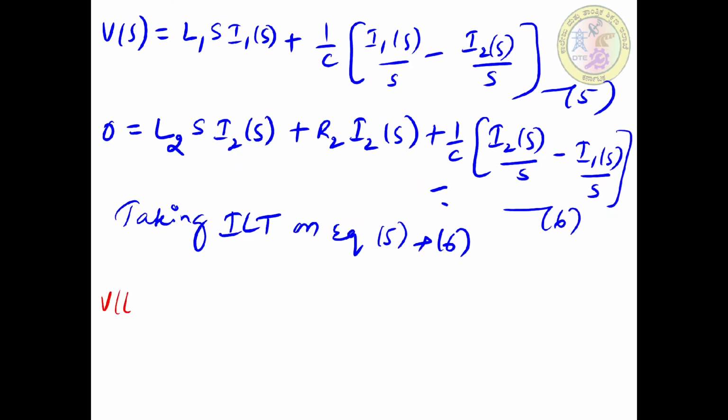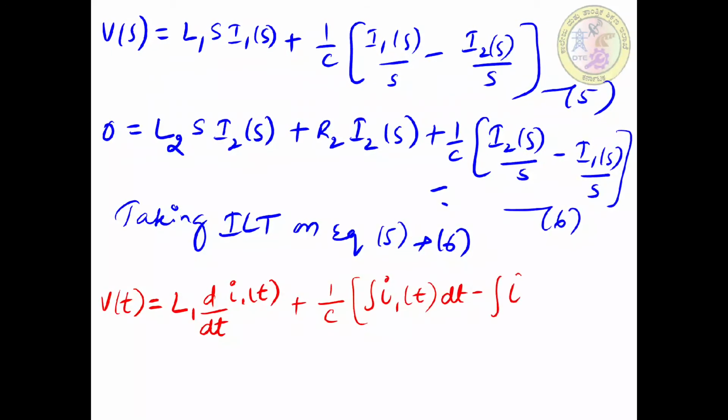Its inverse Laplace transform will be v of t equal to L1 into d by dt of I1 of t, plus 1 by C into the integral of I1 of t dt minus the integral of I2 of t dt. Take this as equation 7.